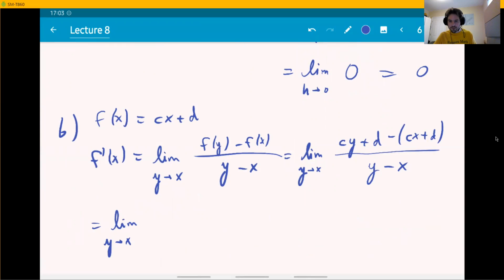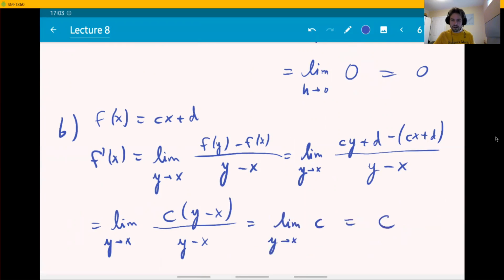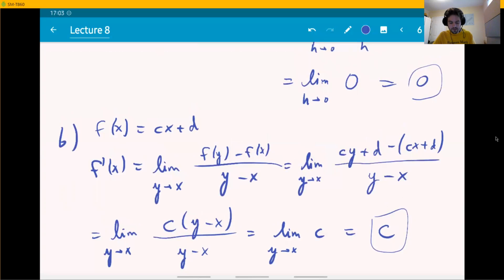And then you're left with terms that contain a c, so we can factor that c. Well, now the y minus x goes away. The function fully simplified down is just equal to a constant c. The limit of a constant is that constant. So the derivative of this function is just c, as we had said before.